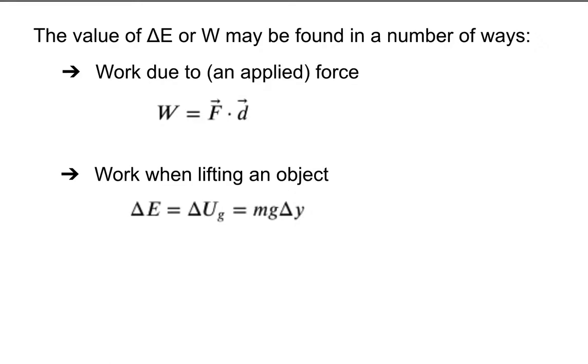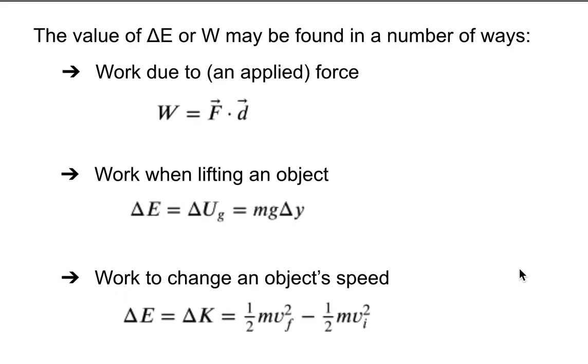Note too, though, that since mg together is the weight of the object, and that's how much force you would need to lift it, some people actually do think about these lifting problems using this formula as a force times a displacement. There's kind of two ways of looking at it. But if you do have a situation where the object's speed is changing, you really have no choice.